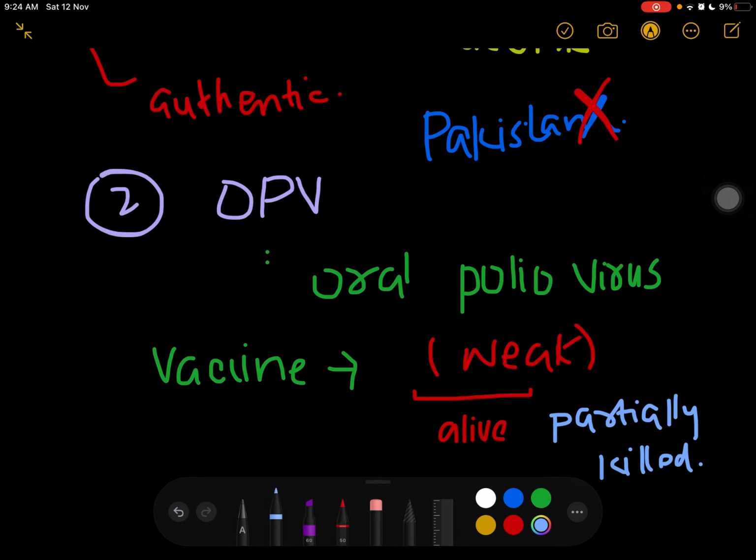And I told you that it's 0.5%, and that 0.5% is still a huge quantity, right? You can see some cases in Pakistan too.